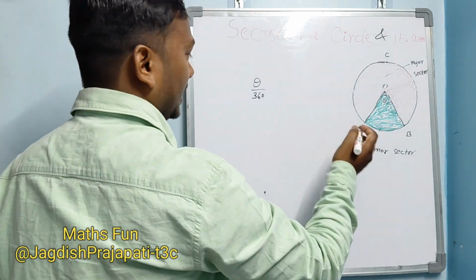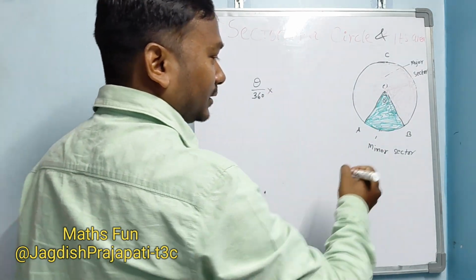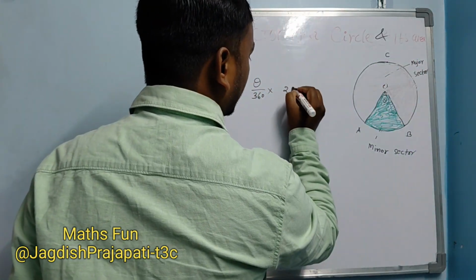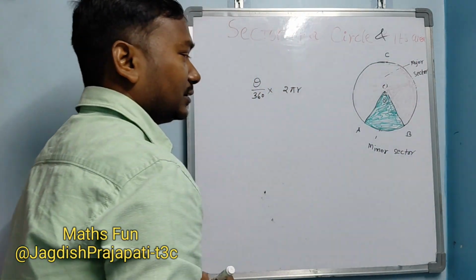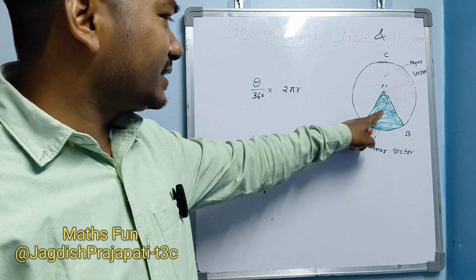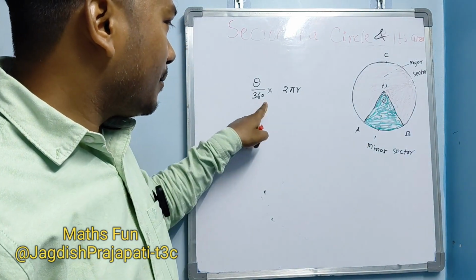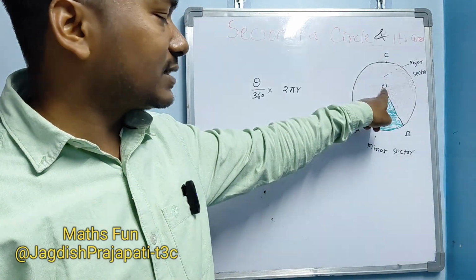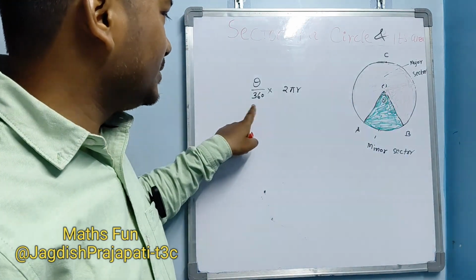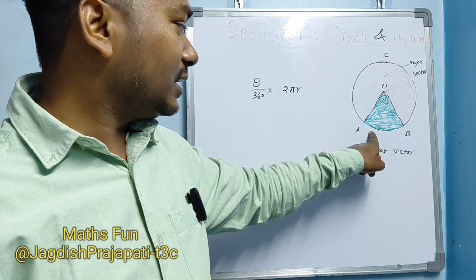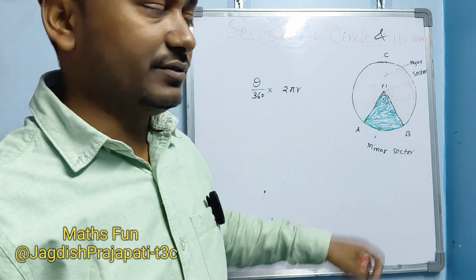Okay, and then since the complete length is 2 pi r, which is the circumference of the circle, and since this is only a fraction of this, that is why if we multiply this fraction with the circumference, then we will get the length of this arc AB.